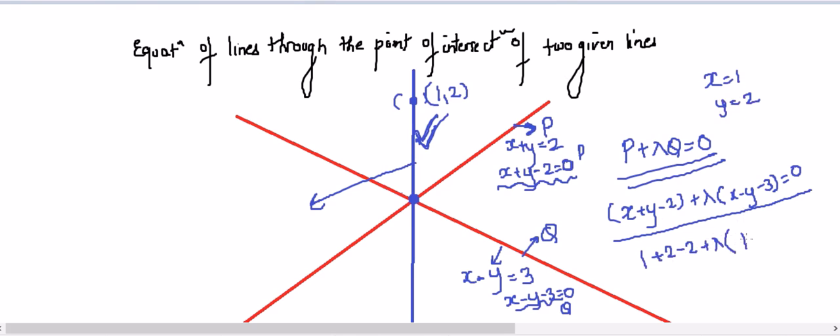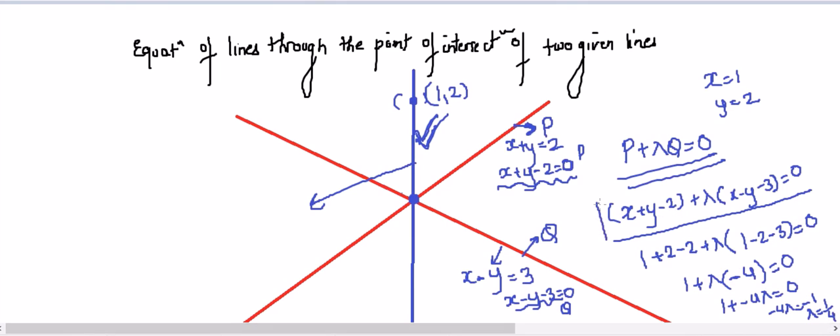So this will be 1 plus lambda times minus 4 equals 0. So 1 minus 4 lambda equals 0. Minus 4 lambda equals minus 1, and ultimately I'll get lambda equals 1 over 4.